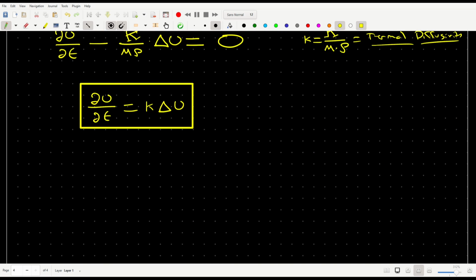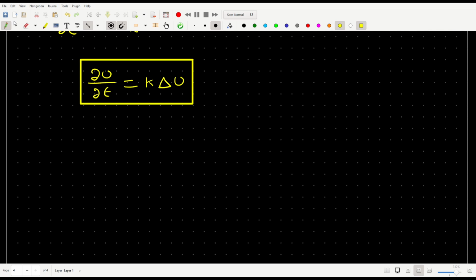So this is a general equation, which is the same equation in any number of dimensions. But for instance, the general 3D equation is a partial differential equation.